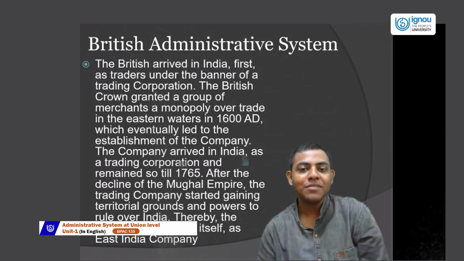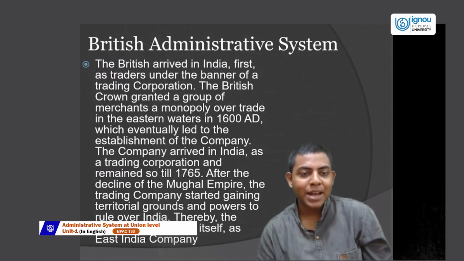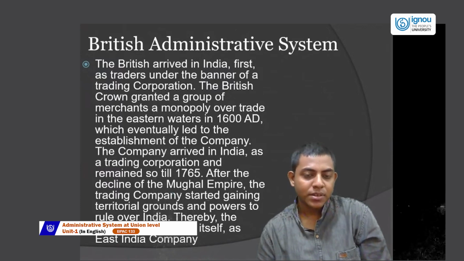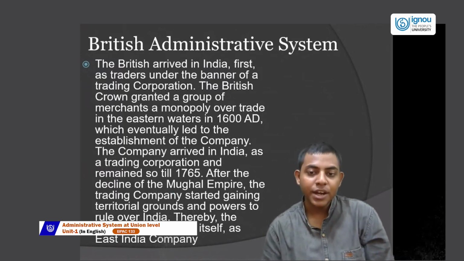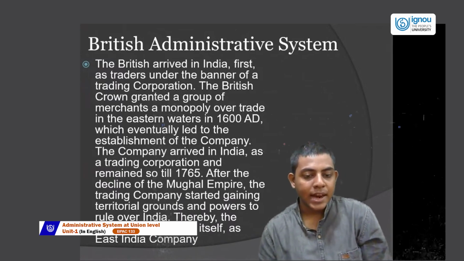The Britishers arrived in India first as traders under the banner of a trading corporation, that is the East India Company. The British Crown granted a group of merchants a monopoly over trade in the eastern waters in 1600 AD, when the East India Company was formed.